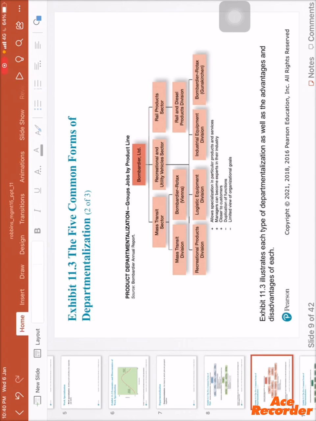So they have categorized dia punya department based on product mass transit, recreational, rail product, rail diesel. Kalau di Malaysia mungkin kita boleh lihat, yang biasa saya tengok adalah Panasonic. Panasonic, they have several, we call it, branches yang handle for certain types of, let's say for certain types of products.